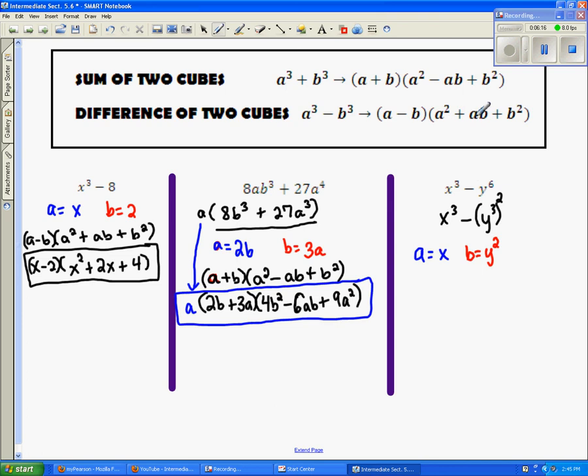So I'm going to write this part of my formula down now. Okay, now that I have it written down, I have x minus y squared, a squared, a times b. B squared is going to be y to the fourth power.